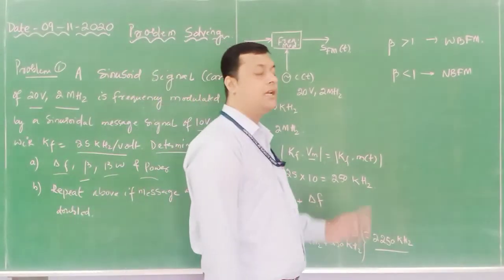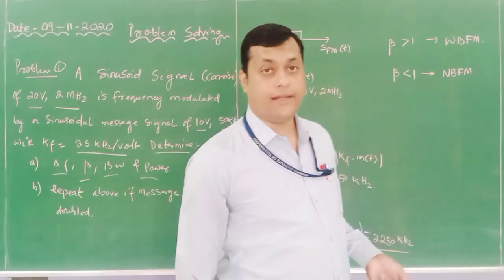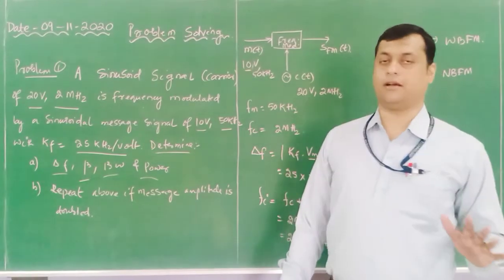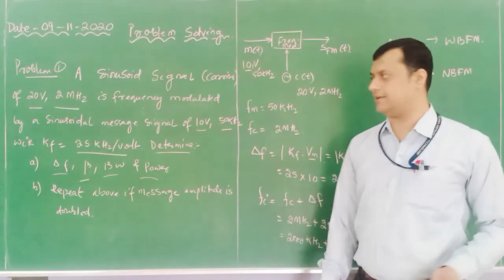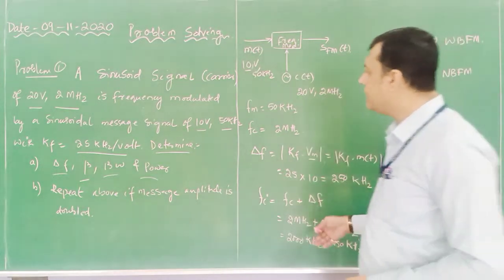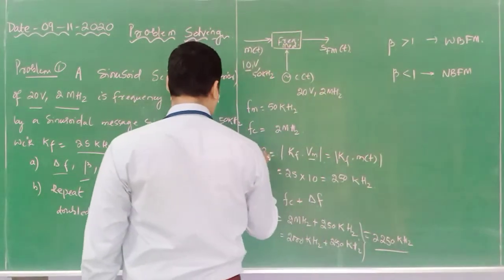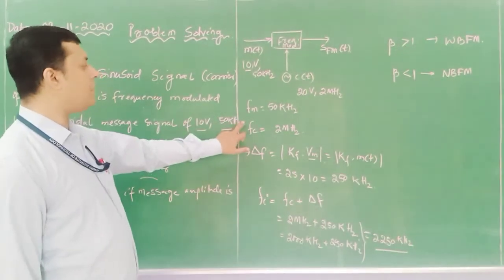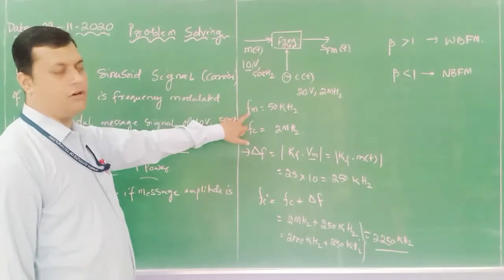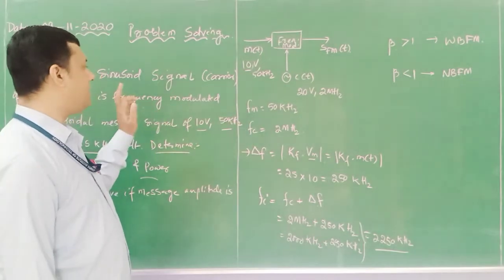This will be my modulated frequency of an FM signal, because in FM the frequency is going to change, amplitude remains as it is. So these are the steps through which we can determine the values. First we determined our modulating frequency, that is 50 kilohertz.